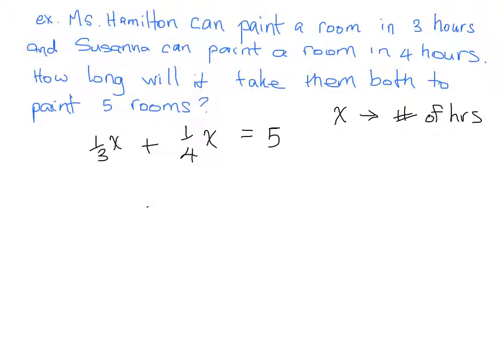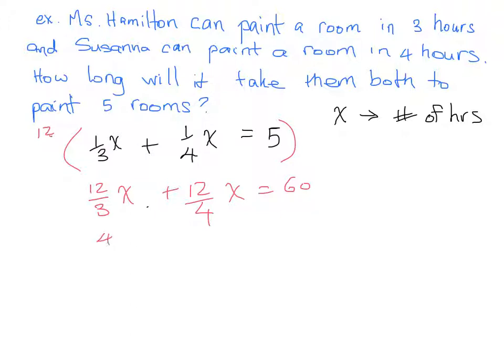All right, so now we go ahead and solve it. We look for the lowest common denominator, which in this case is 12. So we multiply everything by 12, and we get 12 over 3x plus 12 over 4x equals 5 times 12, which is 60. And so we go from there.